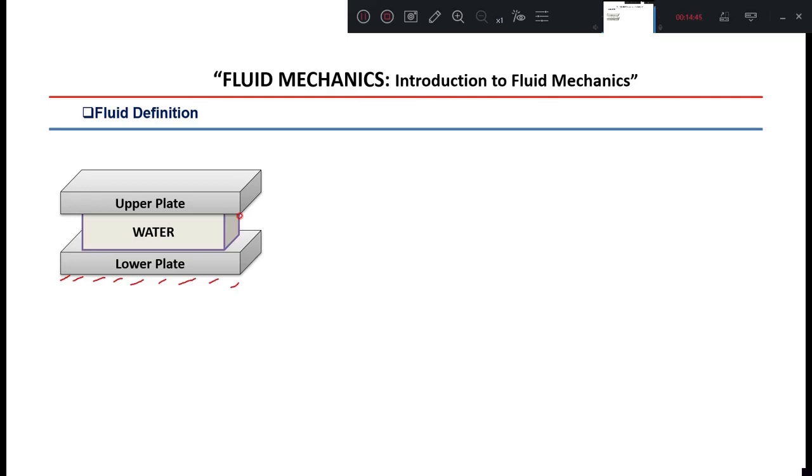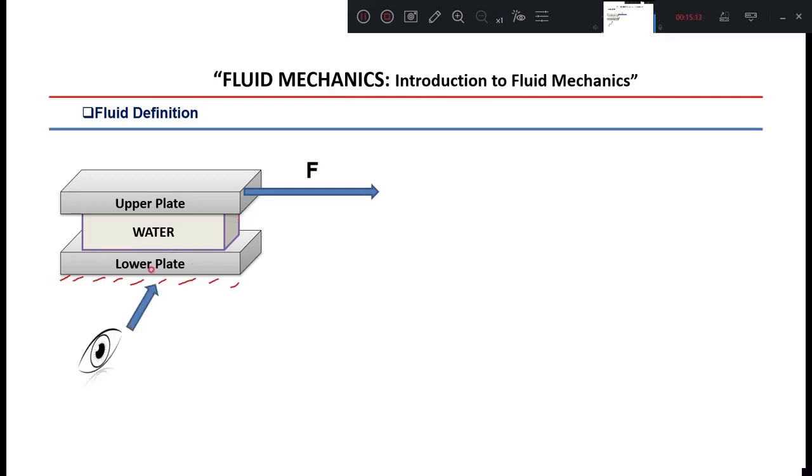Consider a fluid medium, say water, placed between the two large plates, and again apply a force F to the upper plate. Hence, the upper plate will start moving, and unlike a solid, the plate here will not come to rest even after a certain amount of displacement.